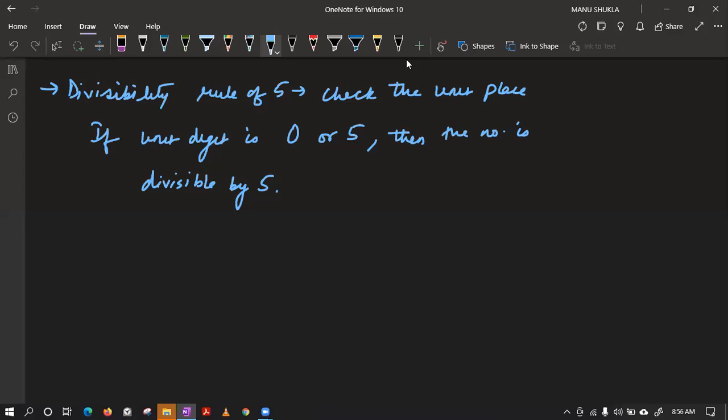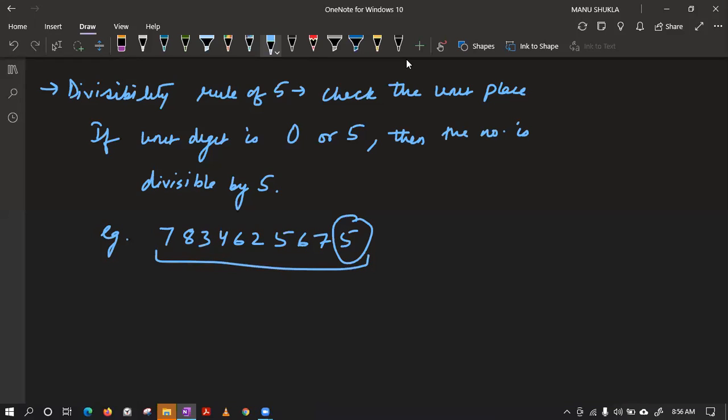For example, suppose 7834625675, we can right away say that we can divide this number by 5. No matter how large it is, we just have to see the unit place and we can confirm this.